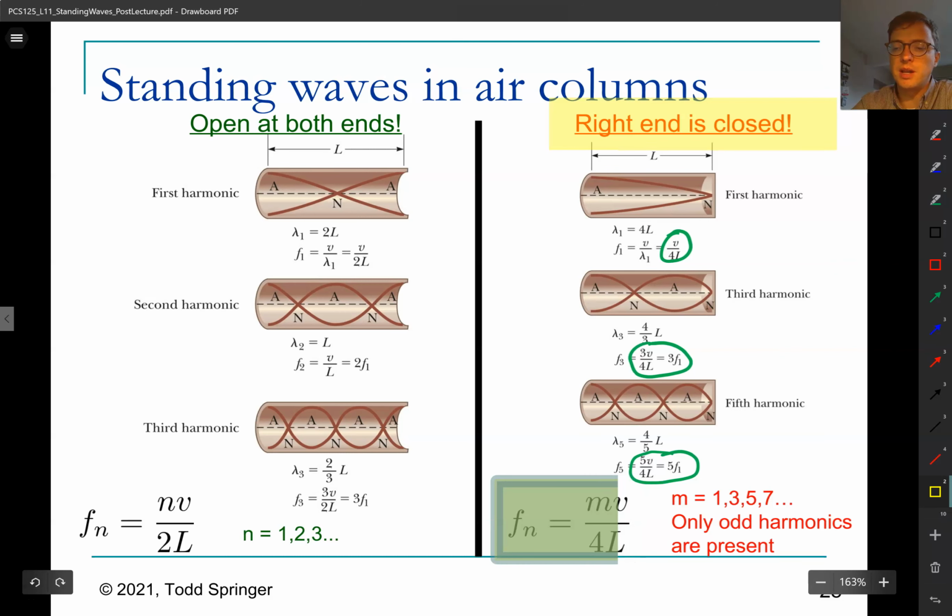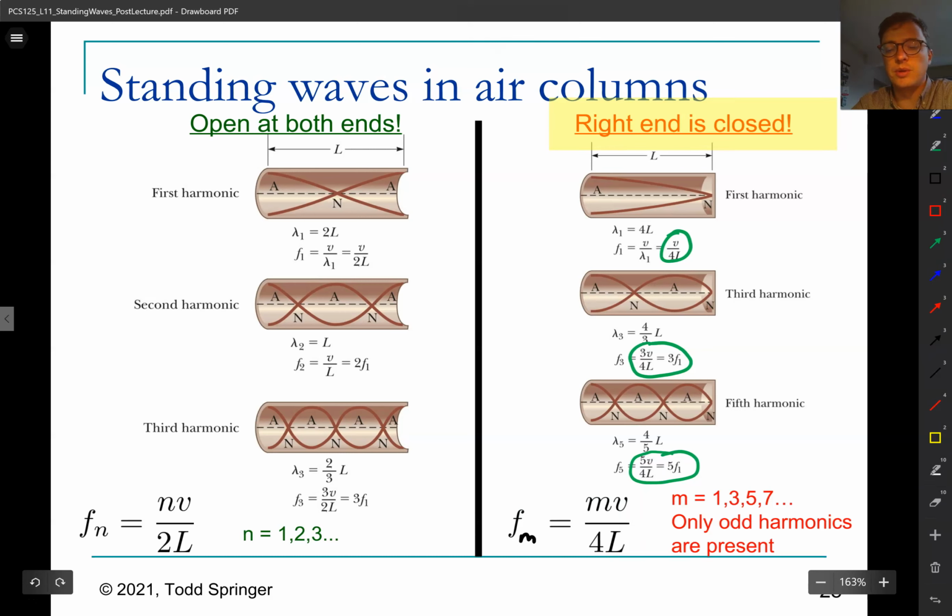Fm, sorry, this should be an m, just to be clear. Fm is equal to mv over 4L, and m is an odd number: 1, 3, 5, 7, 9, and so on. So basically, if one of the ends is open, only the odd harmonics are present, and there are no even harmonics.